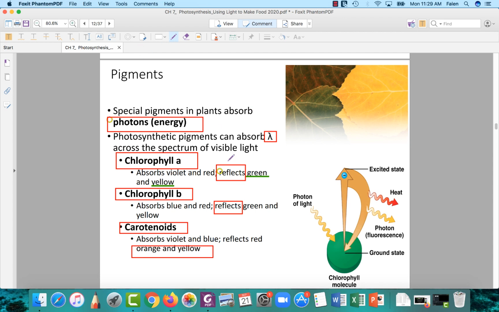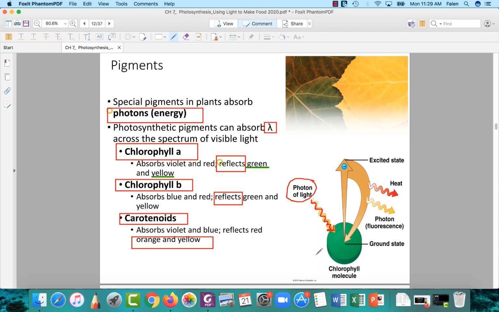This is a lot of energy, high energy. Here we see a photon hitting a chlorophyll molecule. It's not telling us exactly which one, but it doesn't matter at this moment. Now see what happens when the photon hits the chlorophyll. See this big arrow?